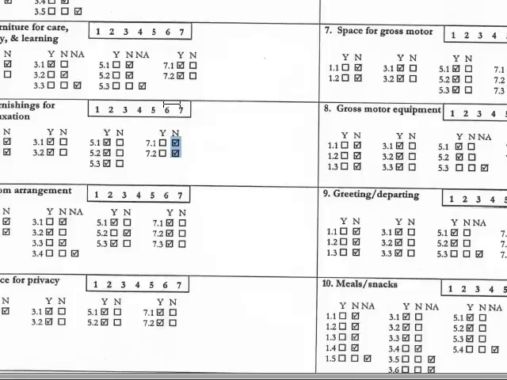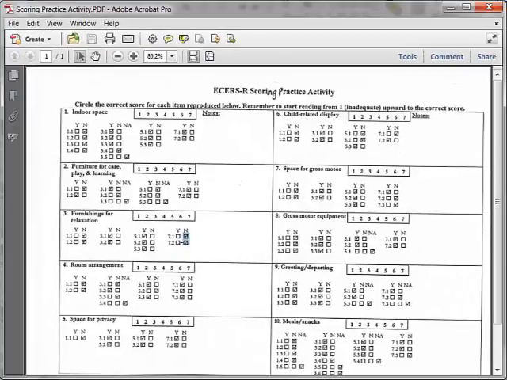But how would we know if we get to that 6? We go back to that 50% rule. If we had 50% of the 7s marked yes, we could score it a 6. For instance, if 7.1 was scored yes and 7.2 was scored no, we could circle a 6. Right now we don't have 50%, so therefore the score for this is a 5.